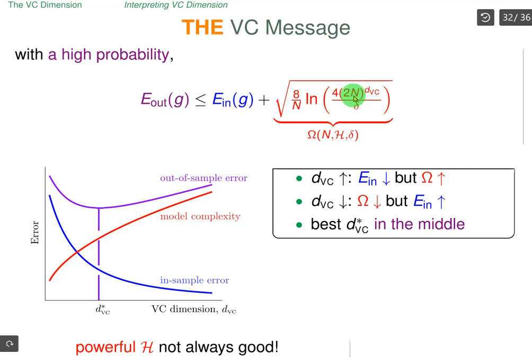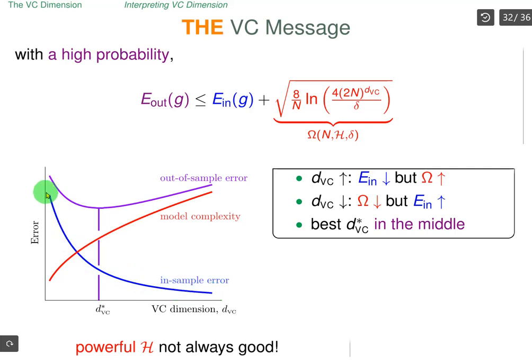Now let's take a look at this graph, which shows the error versus VC dimension for a set of hypotheses. Our goal is to minimize error in general, in sample or out of sample. As we can see, as the VC dimension of a hypothesis increases, the in sample error goes down.